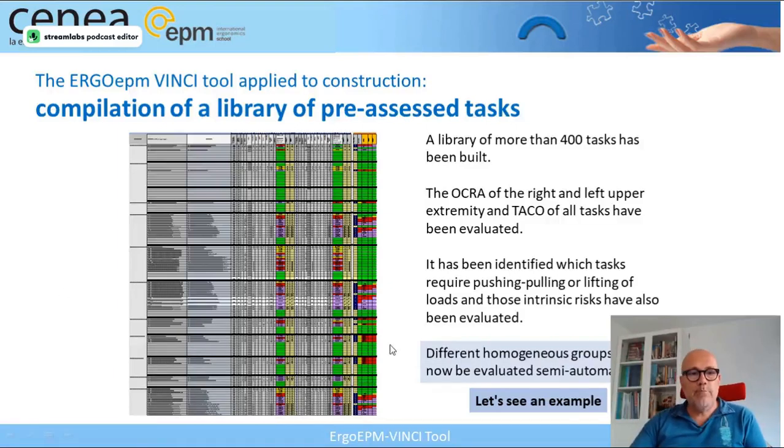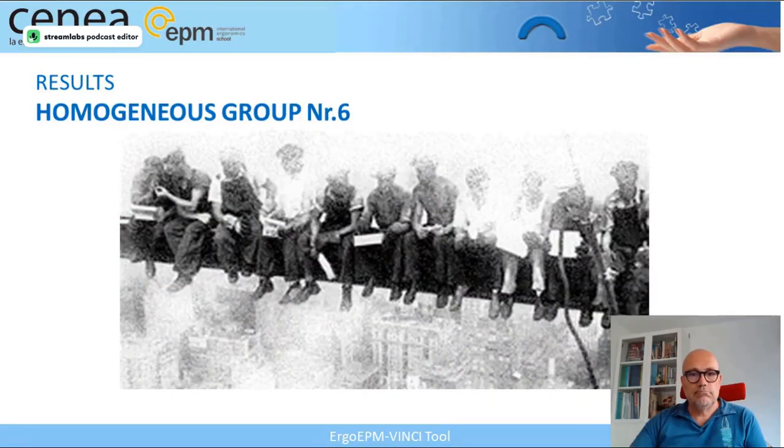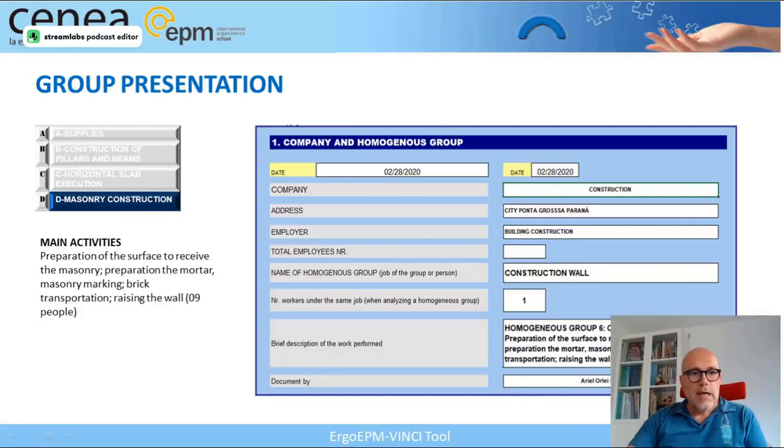We are going to see an application example of this library under construction. Consider a homogeneous exposure group. In this case, let's consider the homogeneous group of workers who build walls.